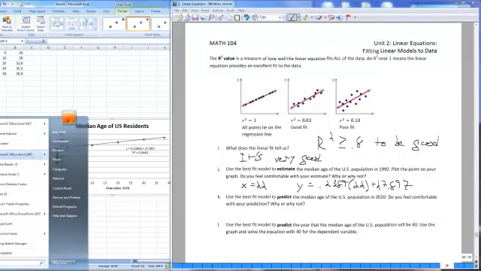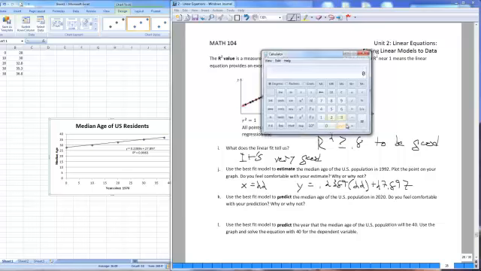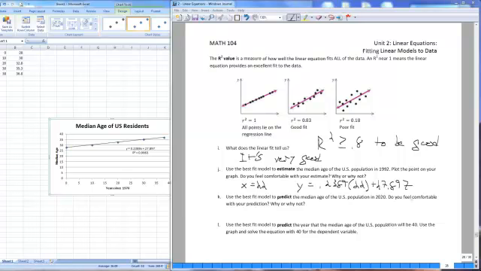Let's go back to our calculator. 0.2389 times 22 plus 27.897. So 33.2 we'll call it, which is exactly what I thought it would be from the graph.